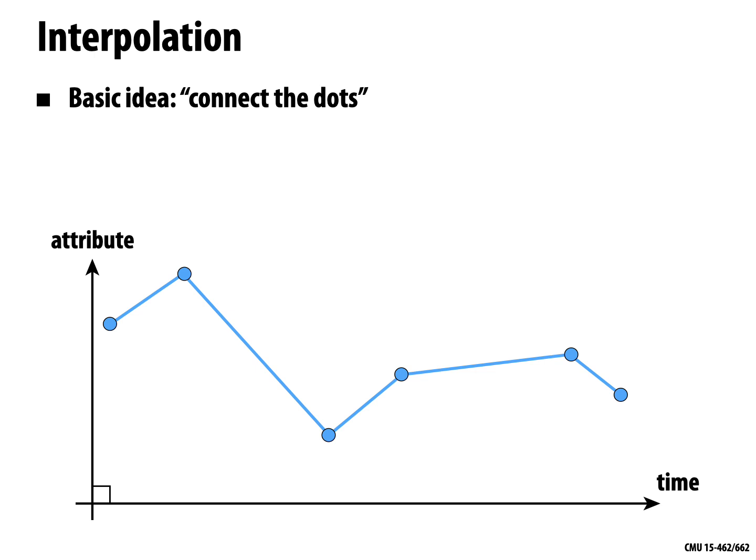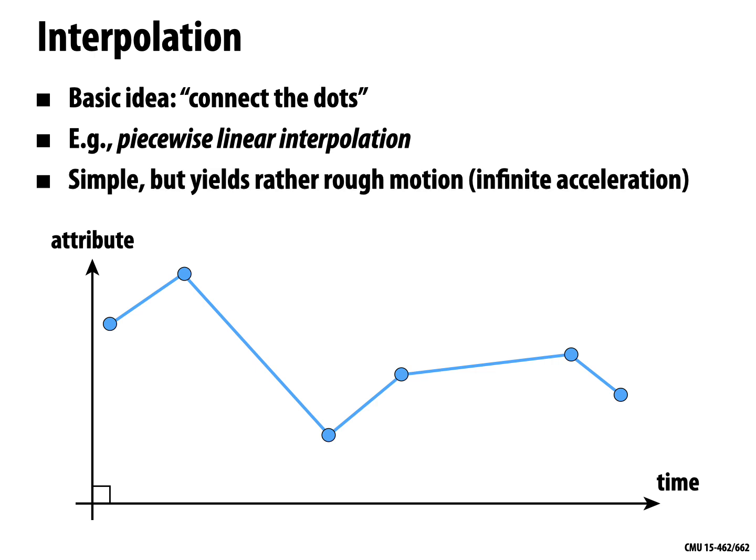More abstractly, interpolation, as we've talked about before in this class, is the basic idea of connecting the dots. I have some data points, and I want to come up with some continuous function that passes through these data points. One of the simplest strategies is to use piecewise linear interpolation. So just connect the data points by straight line segments. This is really simple, right?